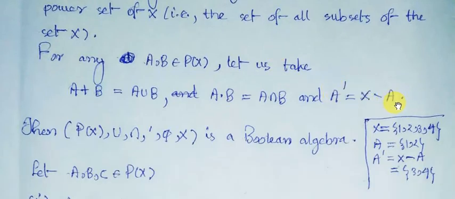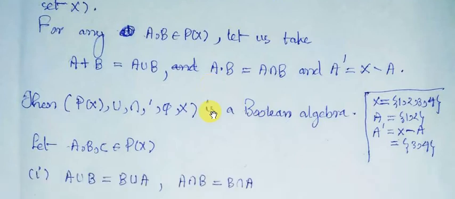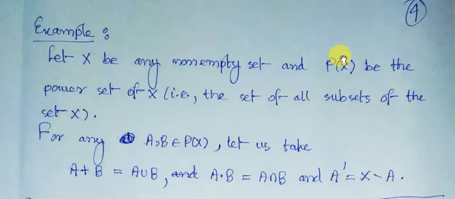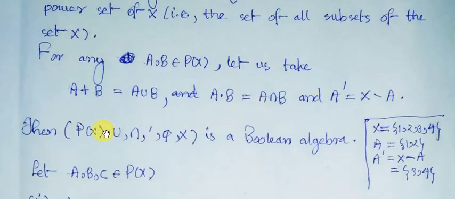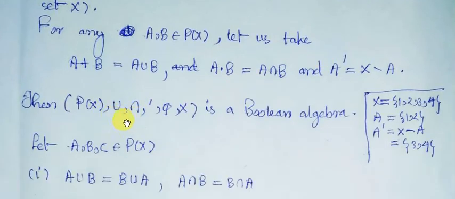Here the universal set is X as we have considered, and therefore the A complement will be X difference A. Okay. And we are telling that this non-empty set P of X, the power set of X, that means the collection of all subsets of X, will be a Boolean algebra with respect to these two binary operations, union and intersection, and the unary operation, complementation.